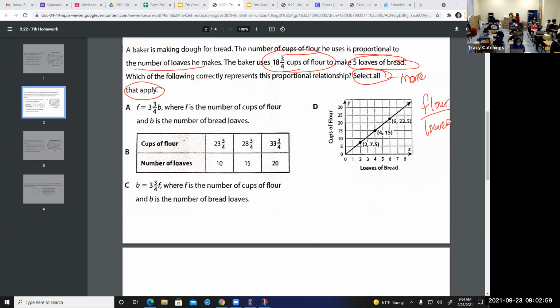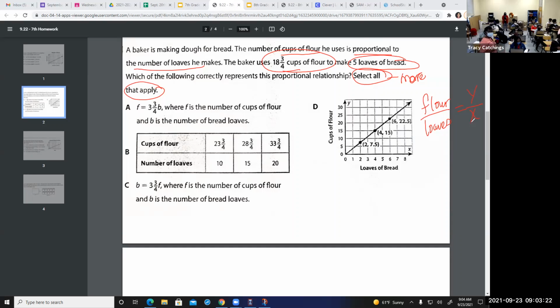That's because we know we divide what? We do x over y, are you sure? What are you supposed to have out? Pull your notes out. So y over x, that means flour will be y and our loaves will be x. Good job.